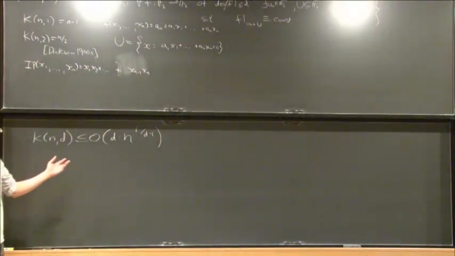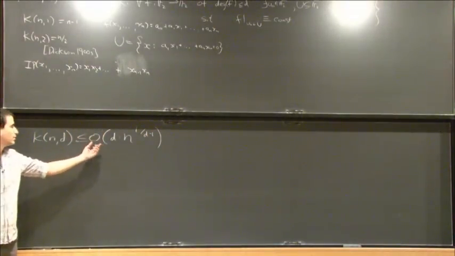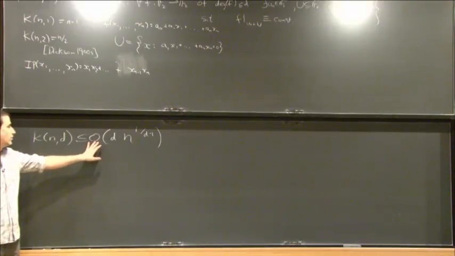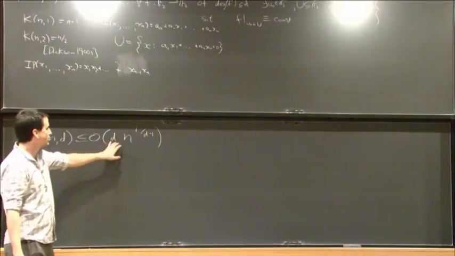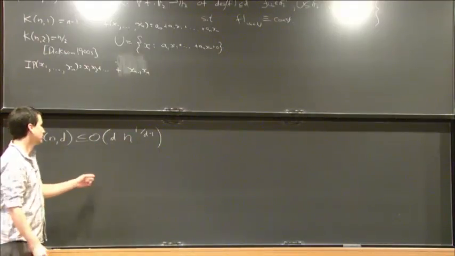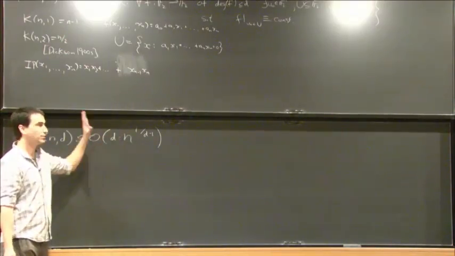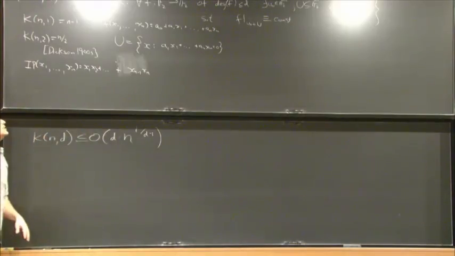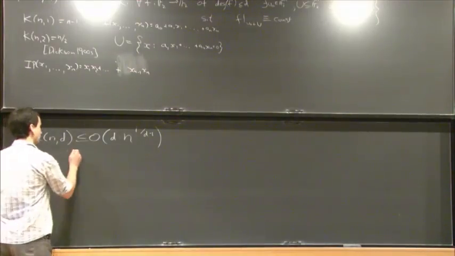I have some constant which I'm ignoring here. So for example, for d equals 3, this will be square root n. For d equals 2, this will be roughly n. So we see that it's pretty much correct for d equals 2. Okay, so this is the probabilistic method.